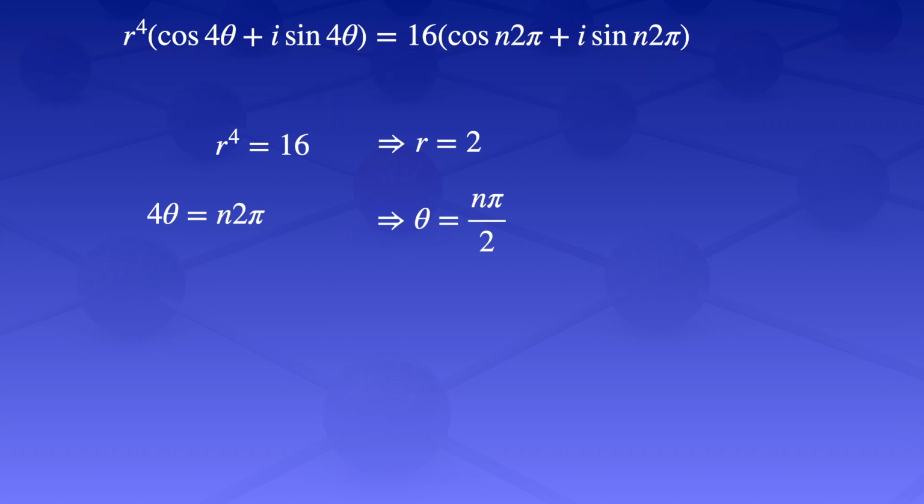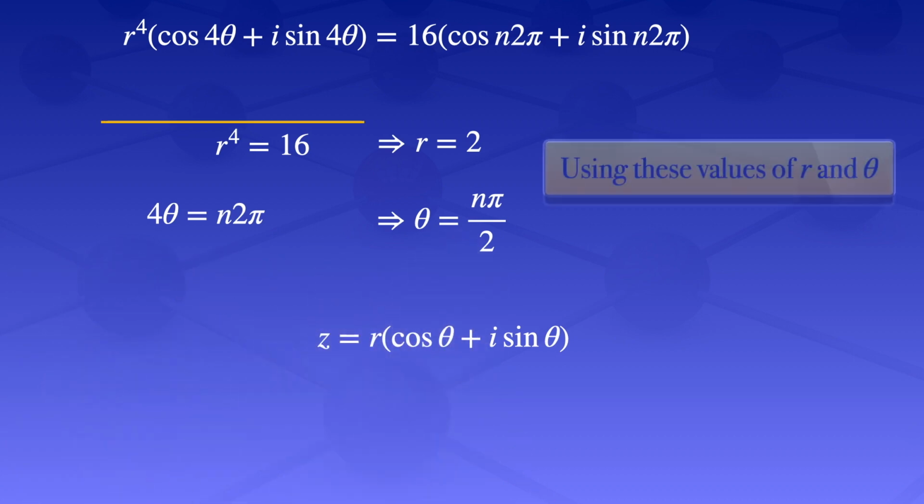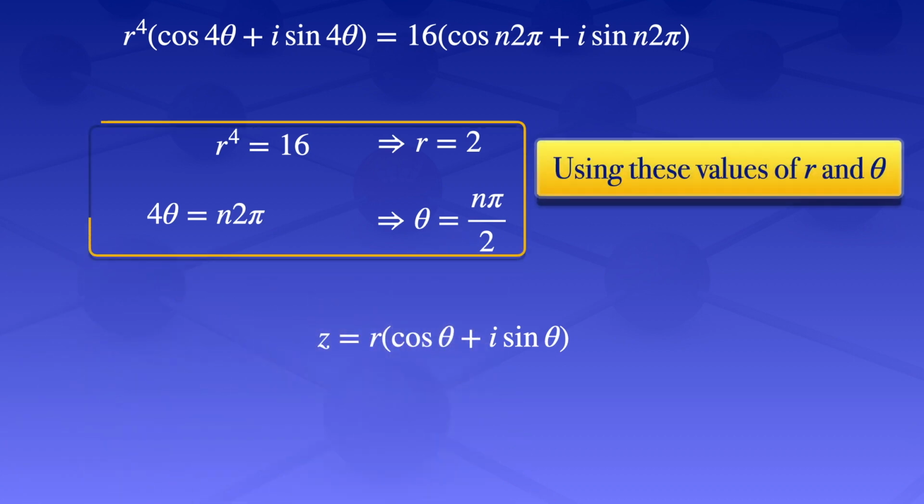Earlier we said that z in polar form is z is equal to r multiplied by (cosine of theta plus i sine of theta). We have just found the values of r and theta: r is equal to 2 and theta is equal to n times pi divided by 2.